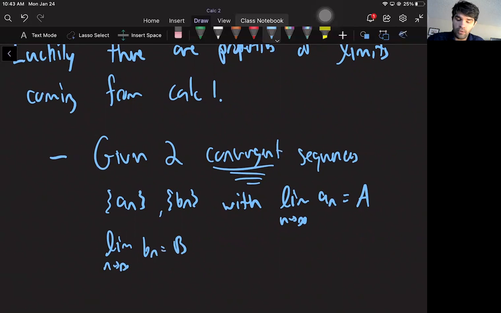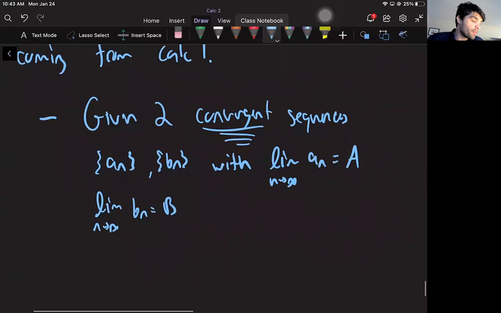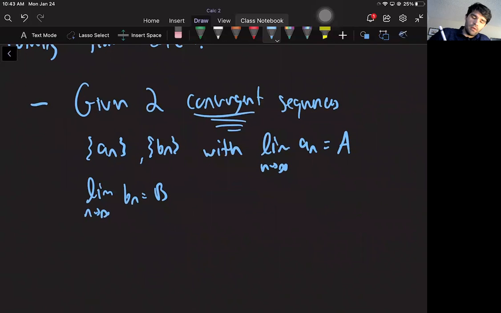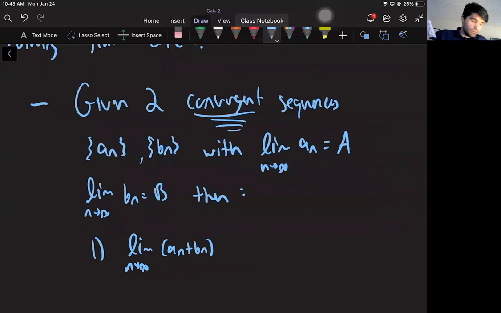If you know for a fact that they have limits independently, then we can conclude a bunch of stuff. Number one, we can add the two limits together by doing them independently. That's what this is saying.